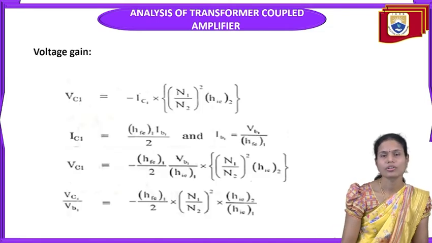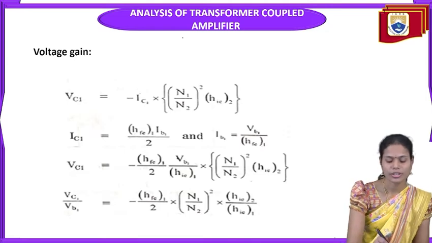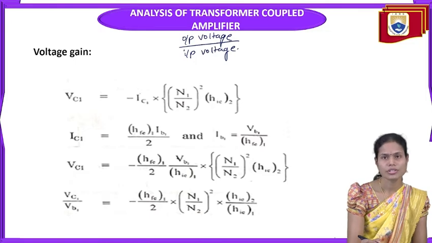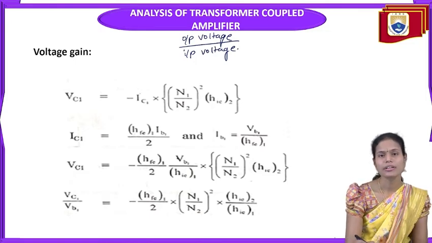Next, if you want to find the voltage gain, we require the output voltage as well as the input voltage. The output voltage is VC1 here. VC1 is IC1 into hoe1. Hoe1 is K square into hie2 from our assumption.